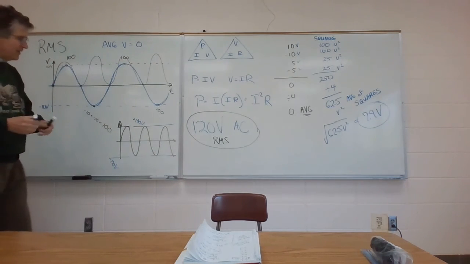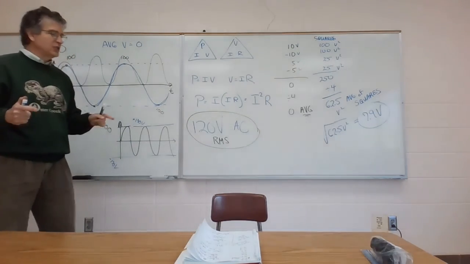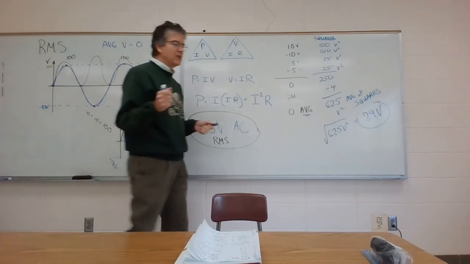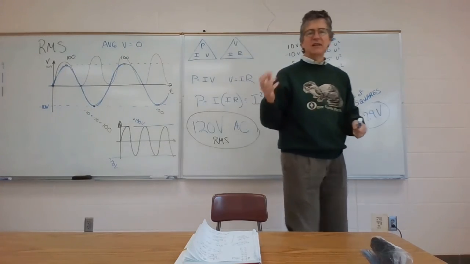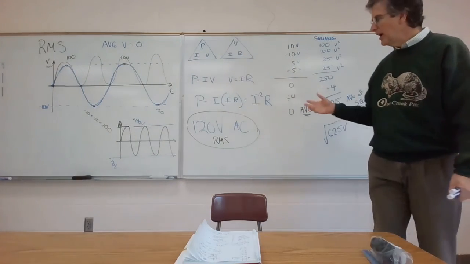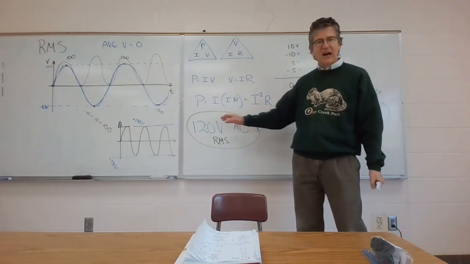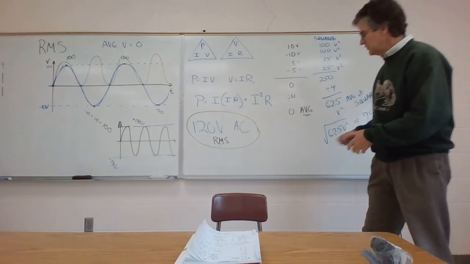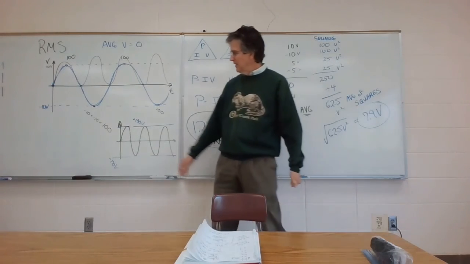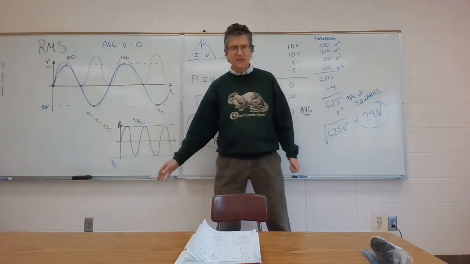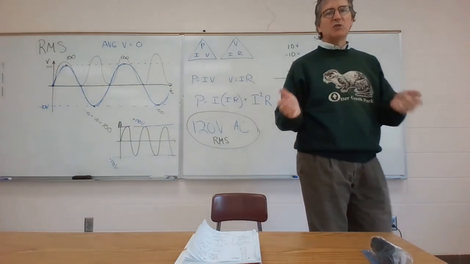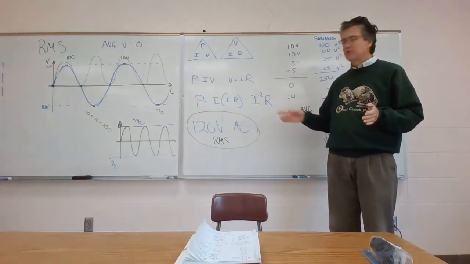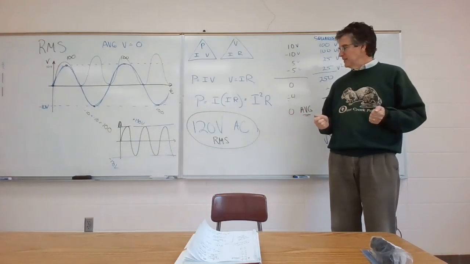Of course the average is 0, but the RMS average is 120 volts, which means that it delivers power in the same way as a 120 volt DC power source. So it oscillates between positive 170 and negative 170, but the effect of how much power it produces is the same as a 120 volt DC power source.